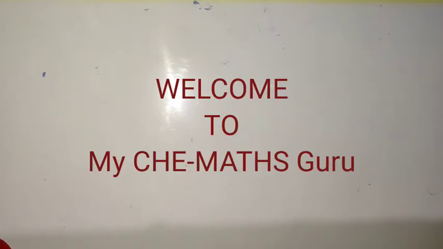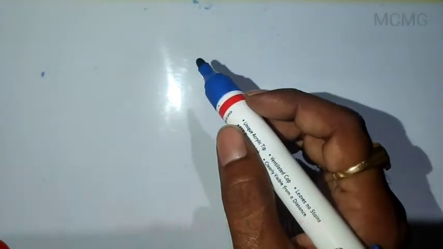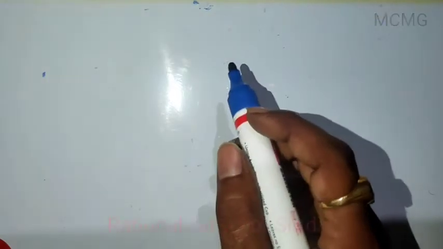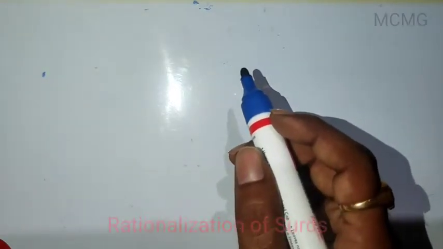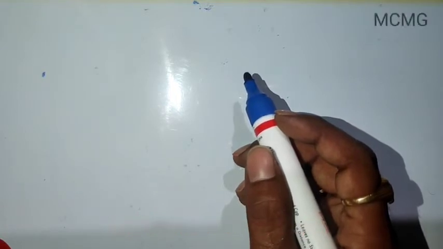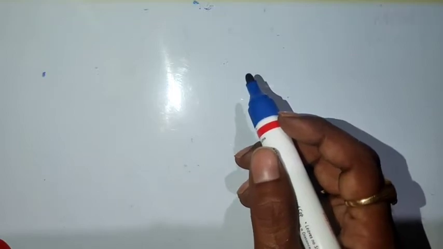Today we are going to talk about rationalization of surds in class 9th. Before going to rationalizing factor, for example, if a surd with rational numbers is present in the denominator of an equation, to simplify it or to omit the surds from the denominator, the rationalization of surds concept is used.